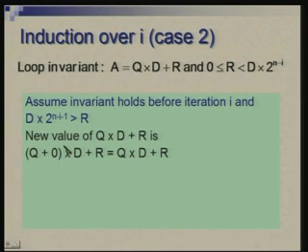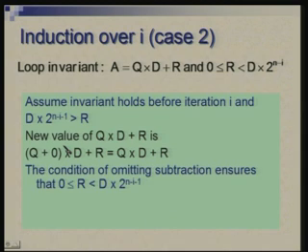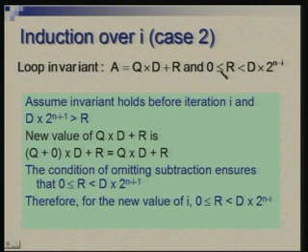So there is no change in r, and no change in q d plus r, and the condition of omitting subtraction ensures that initially we have r lying in this range. Basically r is in the half range of this, and we are not changing the value of r. What we are changing is the value of i.